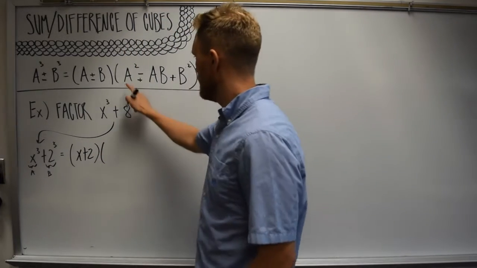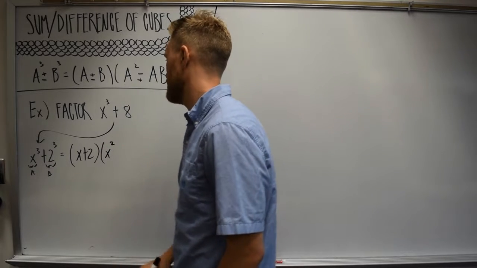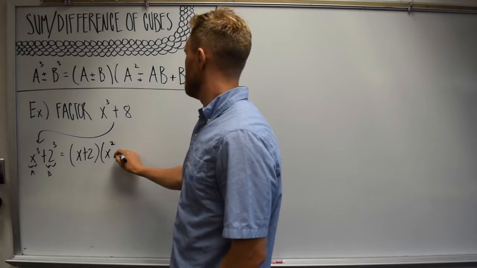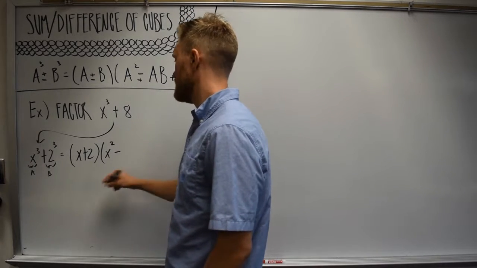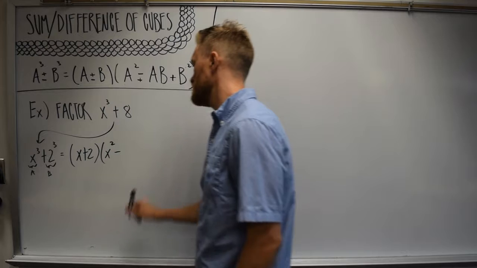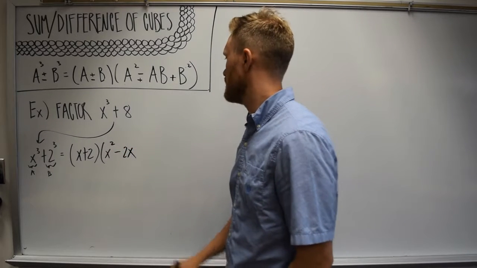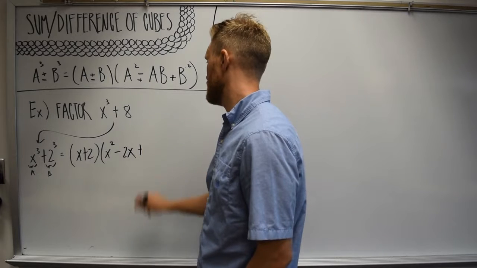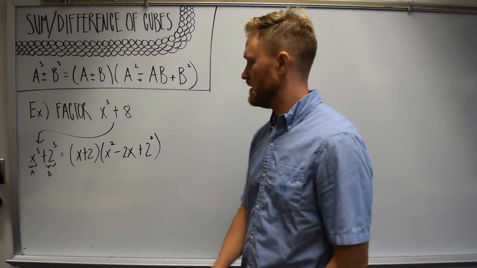multiplied by a squared, which is going to be x squared, minus a times b, which is going to be x times 2, but I'm going to write that as 2x, and then plus b squared, which is going to be plus 2 squared, and there we go.